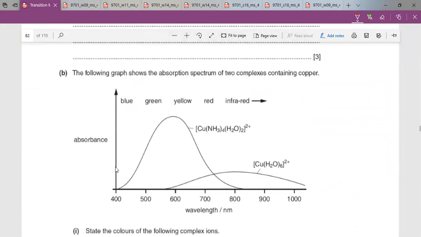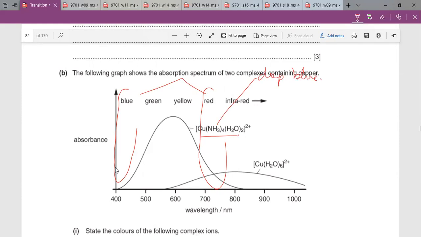It says here, the graph shows the absorption spectra for two complexes containing copper. This one is famous. Your copper tetraammine absorbs the yellow-green part, the blue part and the red part are not absorbed. That means that they become very deep blue. Deep blue, isn't it? And they're very strong. They ask you why so strong.